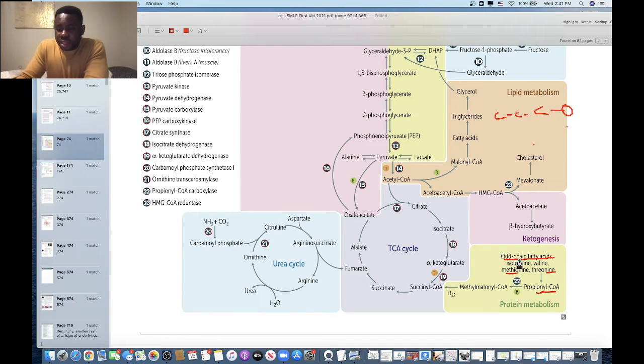Now, propionyl CoA also needs to be converted further. The enzyme here, enzyme number 22, is propionyl CoA carboxylase. It is adding a carbon. Propionyl CoA has 3 carbons, 1, 2, 3.